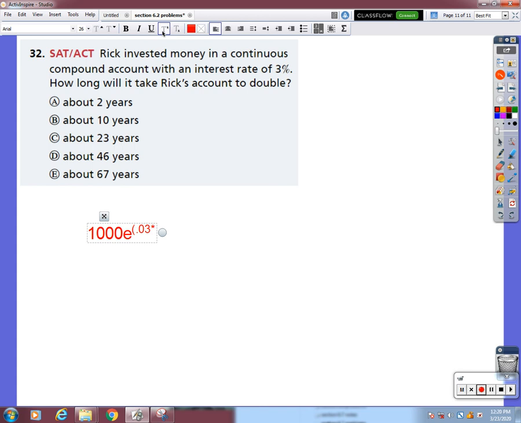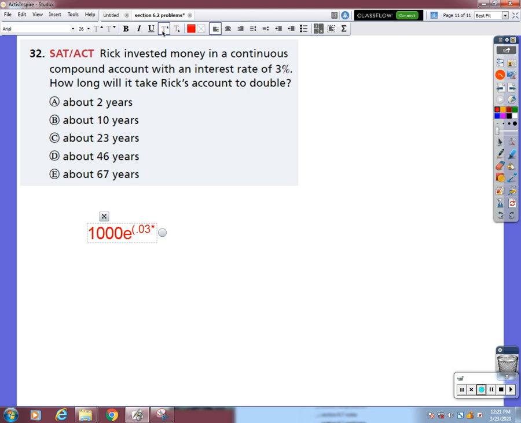So 1,000 times e to the parentheses. I'm thinking 2 years is not going to be enough, so I'm not even going to bother with that one. I'm going to start with, let's go 23. So 23 years, he has $1,993, which is about double. If I did 46 years, that would be 3,974.